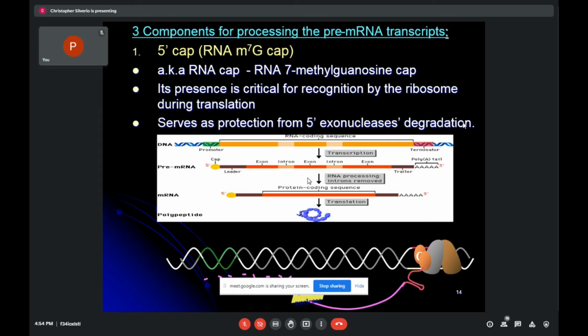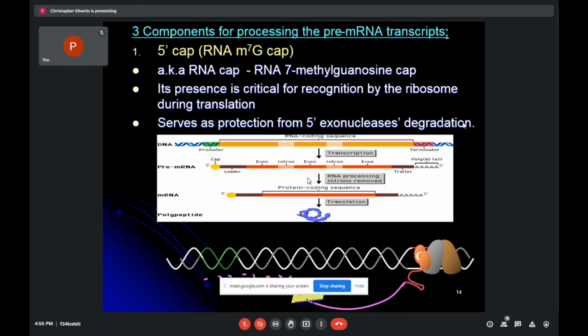In other words, class, in order that it could not be destroyed by these exonucleases, the messenger RNA has a cap. It is like a shield, a protection from 5' exonuclease degradation.